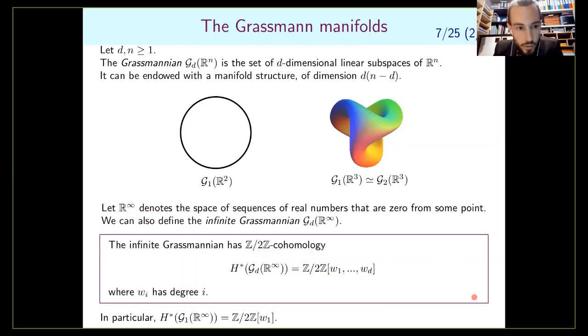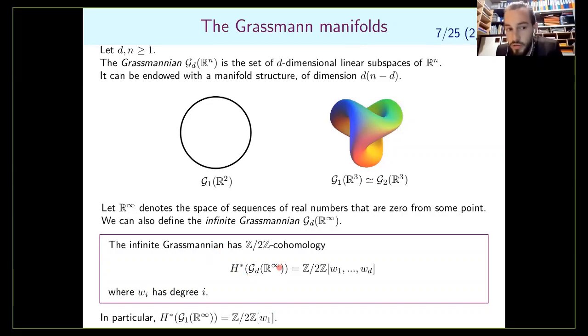All right. We will also need the infinite Grassmannian. So I denote R infinity the space of sequences of real numbers that are 0 from some point. And just as before, you can consider subspaces of this vector space. And this gives you the infinite Grassmannian of d-planes of R infinity. And something great happens. The cohomology of the infinite Grassmannian can be really simply described.